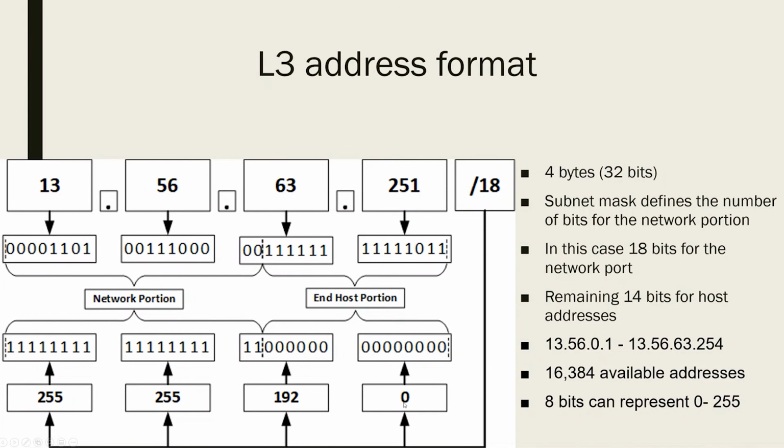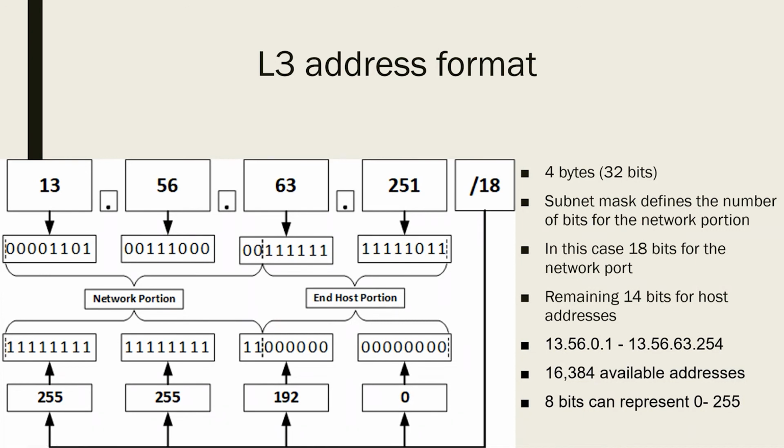This, all zeros, is 0, obviously. Now, what that actually maps against is, in the case of the /18, 18 bits that are set to 1 and a range that are set to 0. And those 1 bits map up against what is called the network portion of your address.